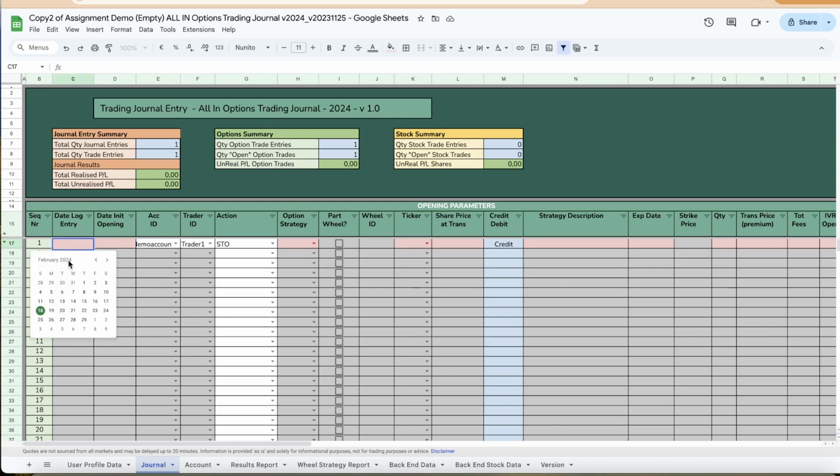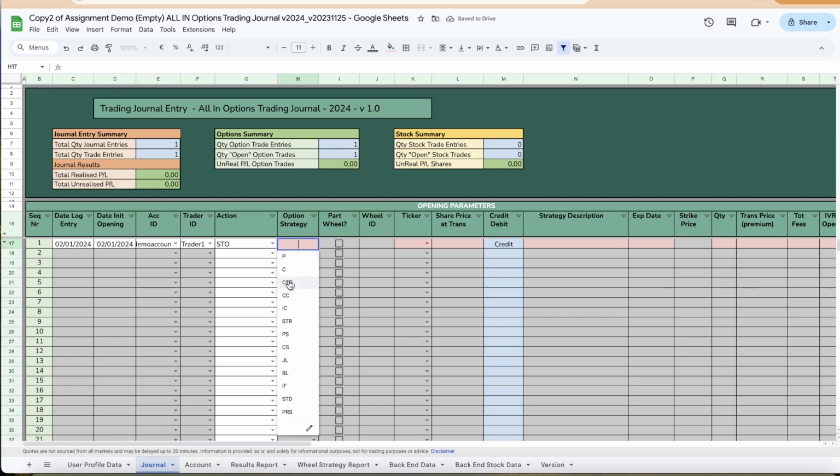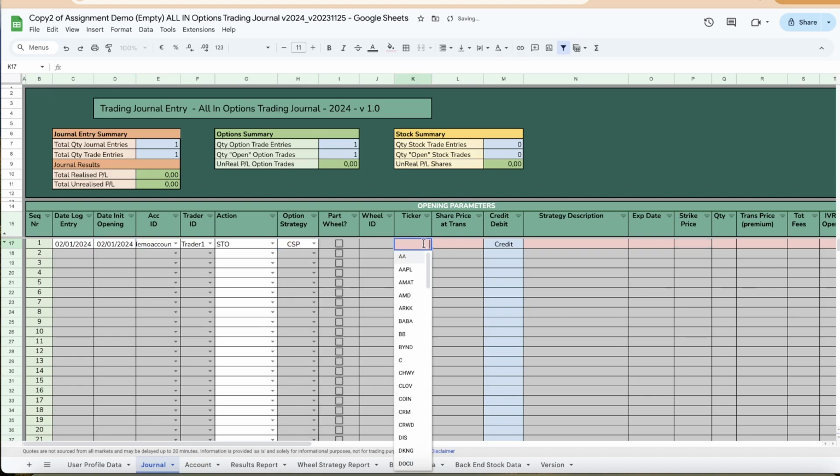Let's say that I opened this cash secured put in January, maybe the first week, let's say the 2nd. And the option that I've chosen was cash secured put. The ticker, I will select Intel as an example. And let's say the share price at the moment of the transaction is $45.